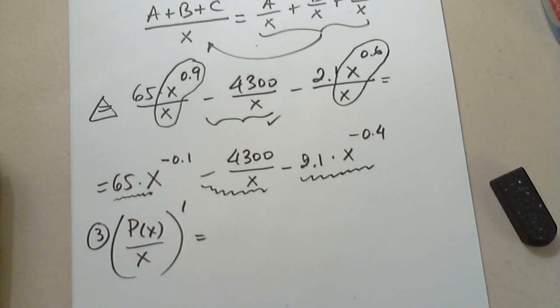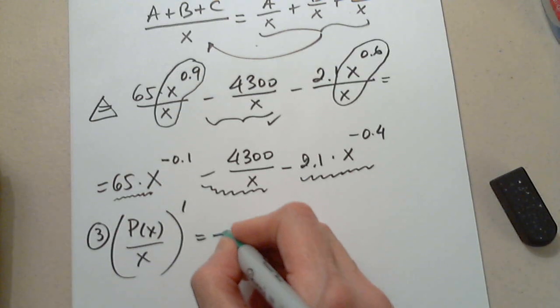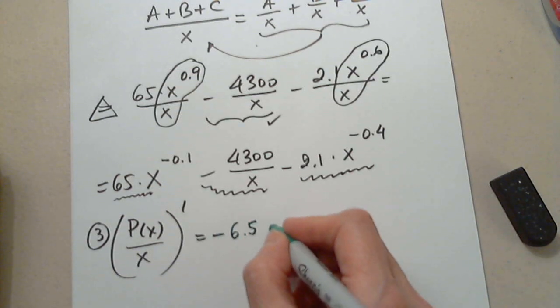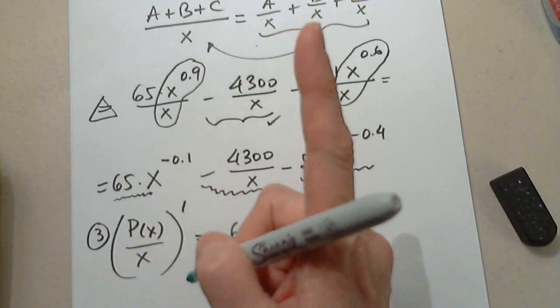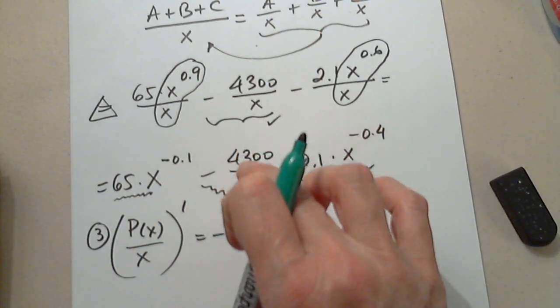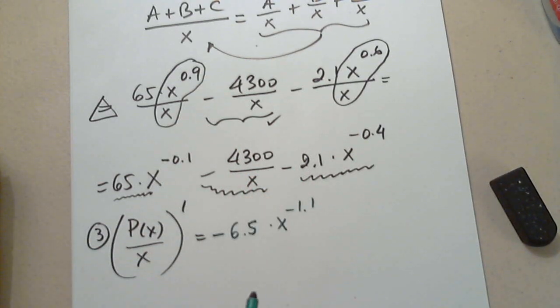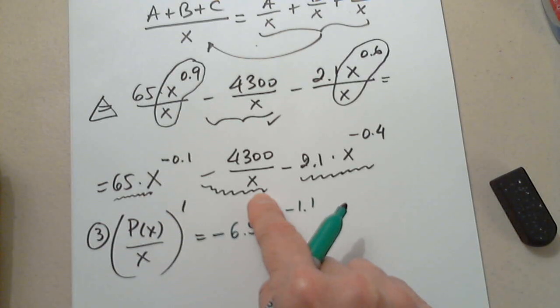Can anyone help with the first one? Negative 6.5 times x to negative 0.1 minus 1. A constant over x prime is negative 4300 over x squared.